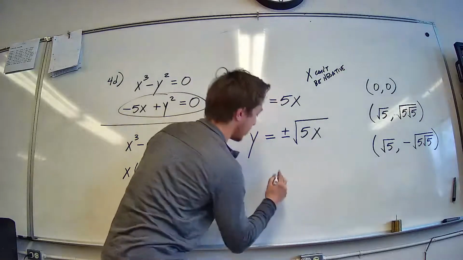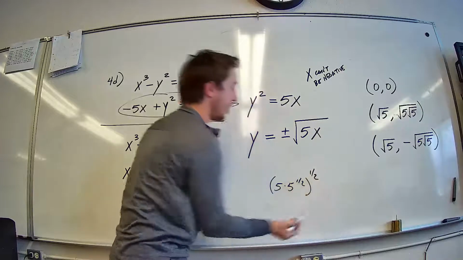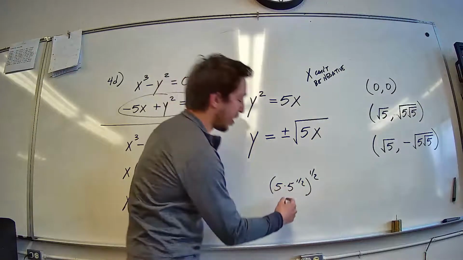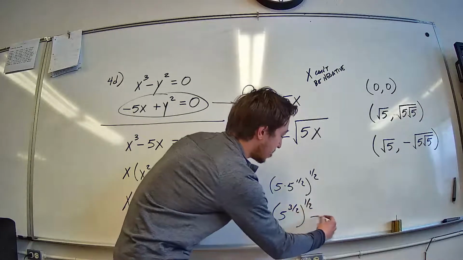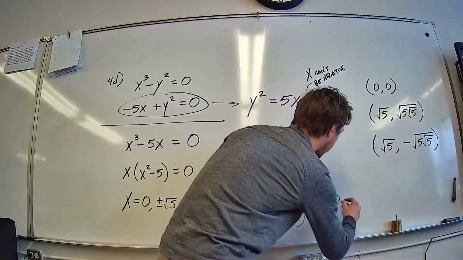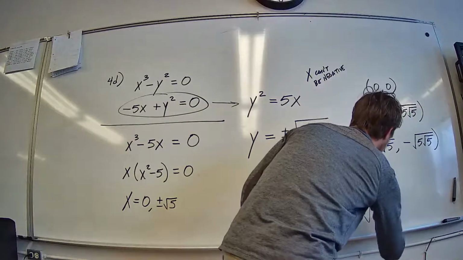So you can think of that as 5 times 5 to the 1/2, all to the 1/2. And 5 times 5 to the 1/2 would be 5 to the 3/2. And so actually you can write this as 5 to the 3/4, which is the 4th root of 5 cubed.